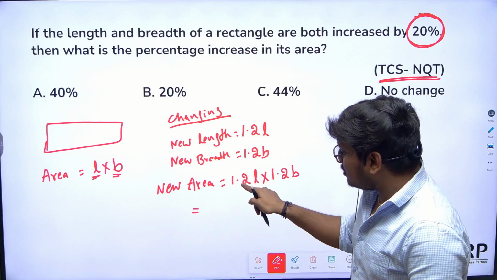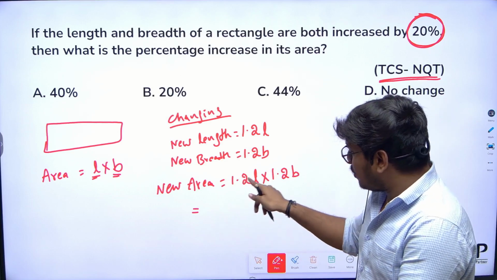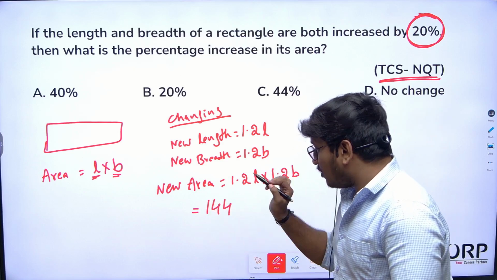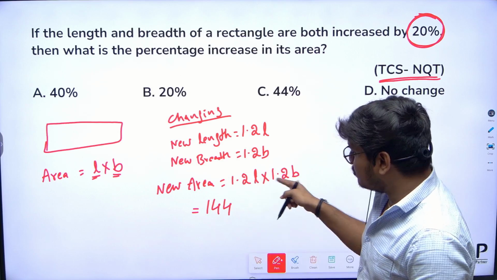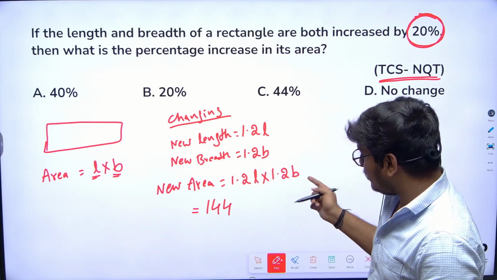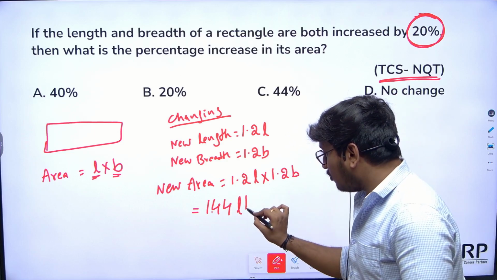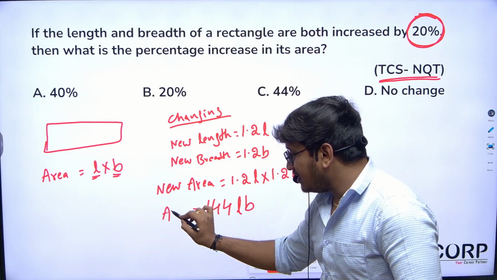Just ignore the decimals: 12 into 12, which is nothing but 12 squared. We know that 12 squared is 144, but we have decimals before the 2, so we can write 1.44 LB. So this is the new area.